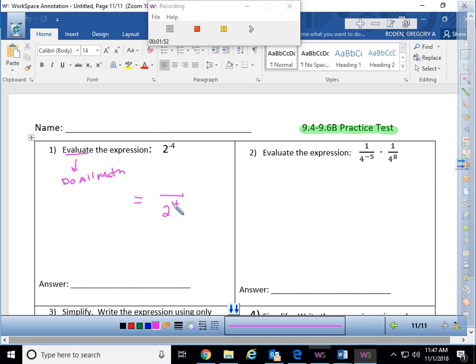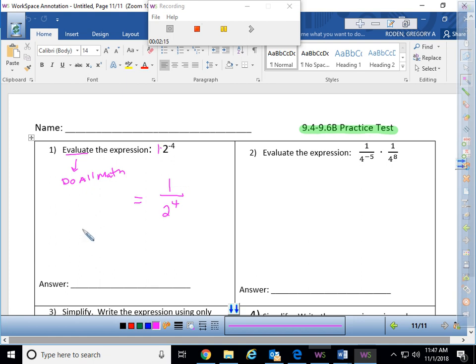That's why I send it downstairs, because this is another way of saying 2 to the fourth is in the denominator. Now I do need something in the numerator, and that is going to be a 1, because there's really kind of a 1 times this, and that 1 will just stay up top. We just never write that 1.